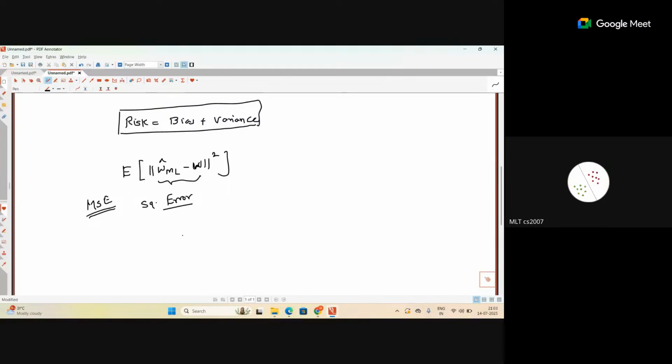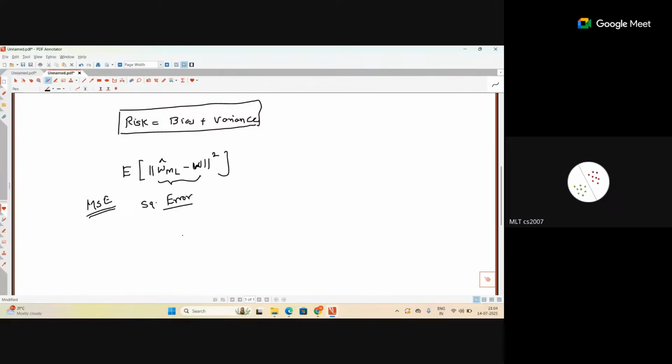I think your understanding is correct, but the way you are saying it is probably not correct. We have found W hat ML by maximizing the log likelihood.